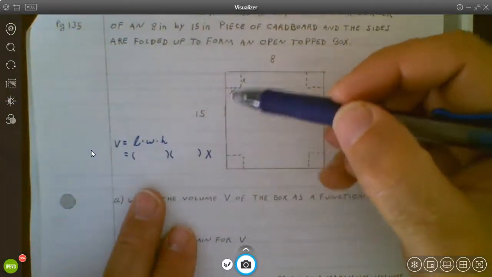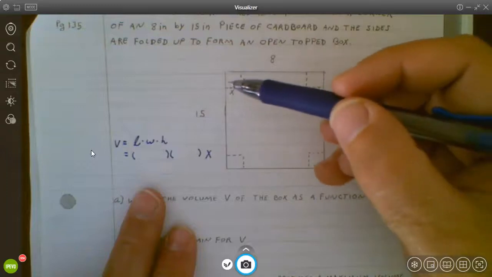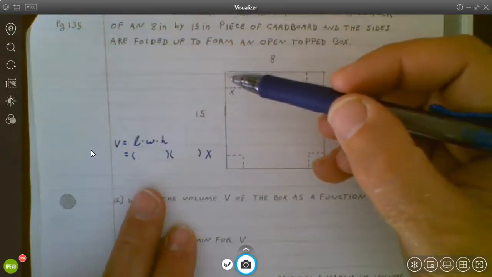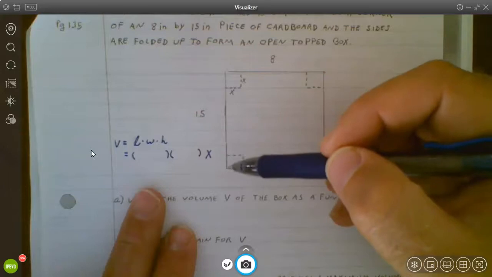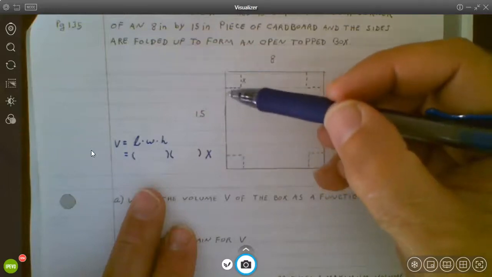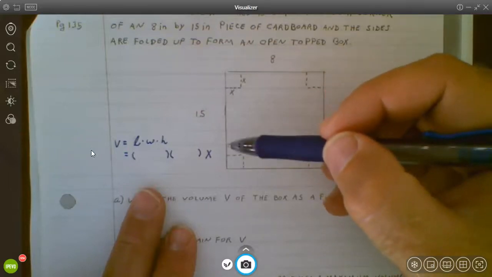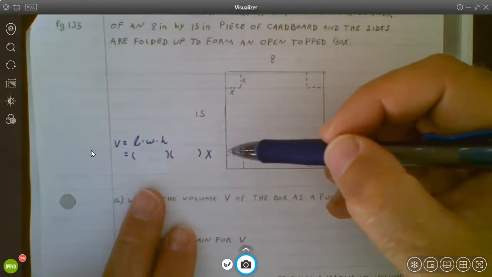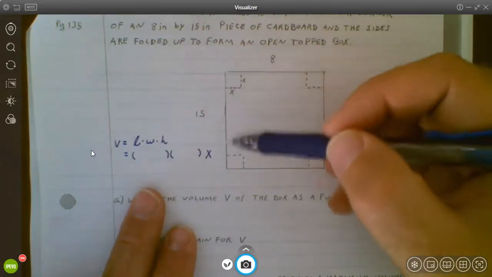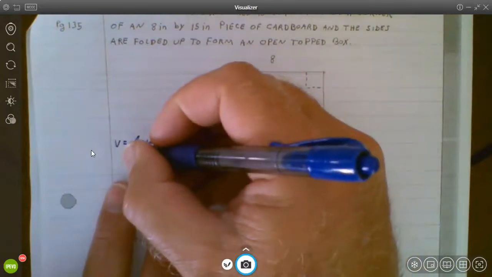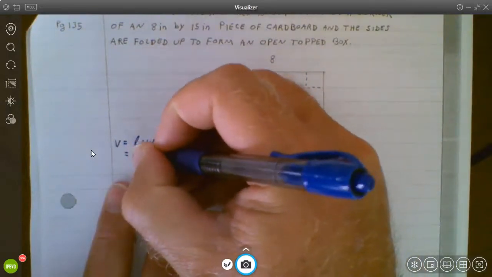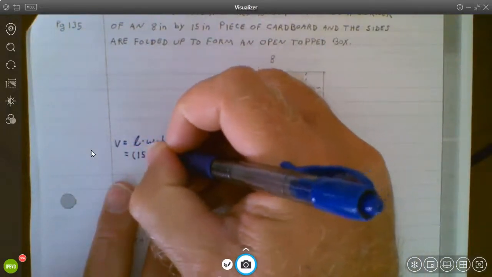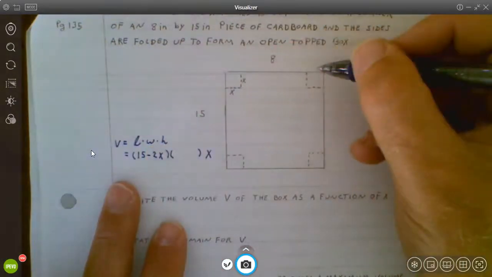Right? So the original was 15. But if I cut out an x here, and if I cut out another x here, all I get now is from here to there, right? So it was 15, but we just took away this x and this x. So now it's 15 minus 2x is my new length. The same thing is going to be true for our width.